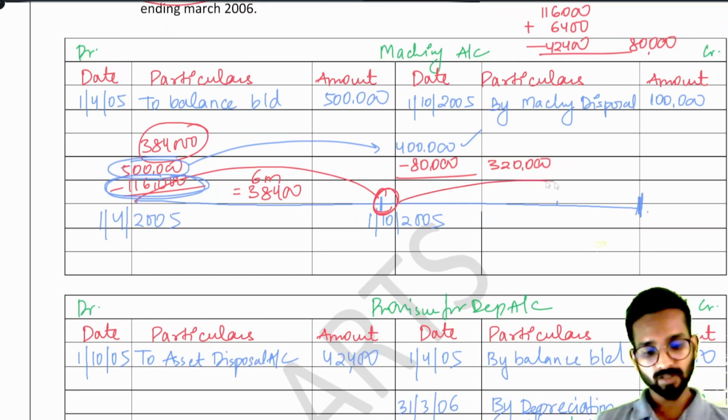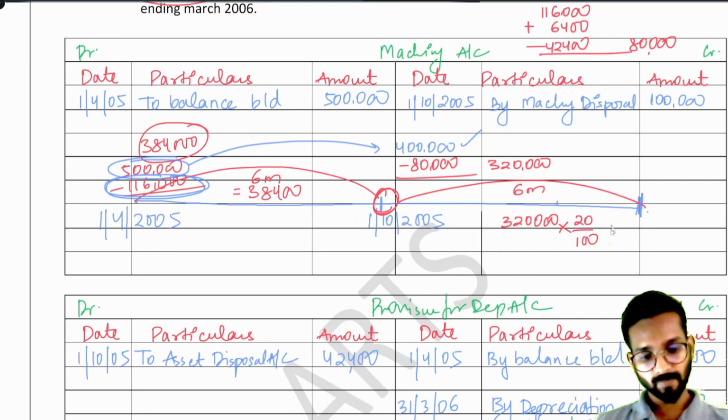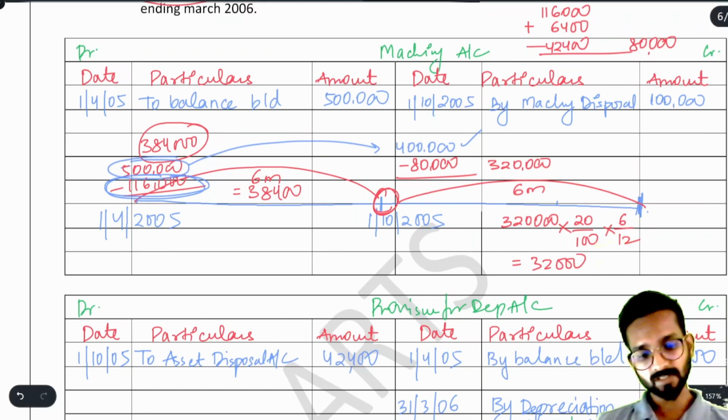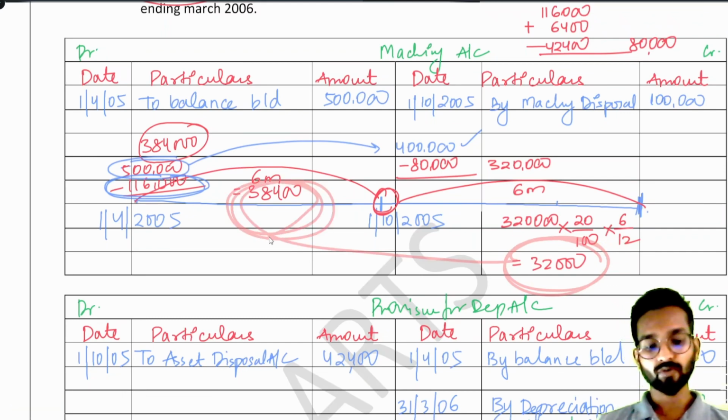Now that 3,20,000 we used for another 6 months. So what will be the depreciation? 3,20,000 multiplied by 20%, multiplied by 6 by 12. That will give me 32,000. Very easy. Now understand, the total depreciation should be how much? 32,000 and 38,400.